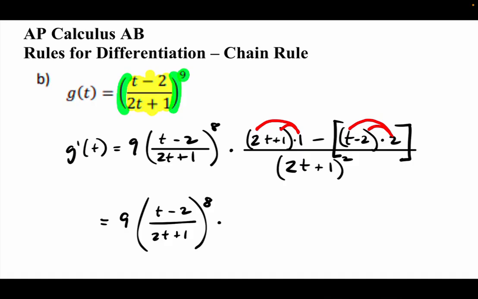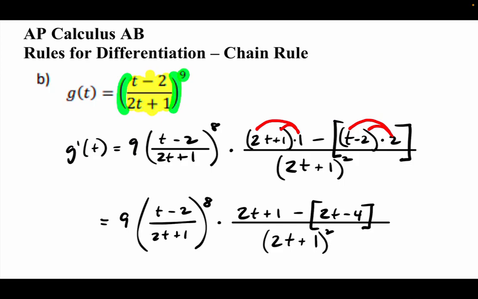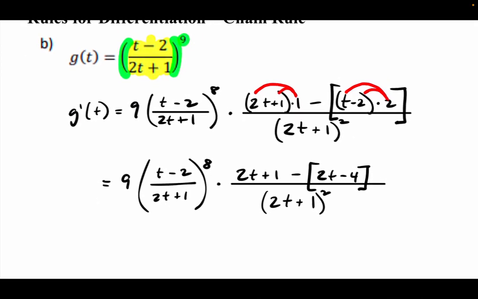Times, okay. So I get 2t plus 1 minus 2t minus 4. Now I'm going to distribute the negative to both, or just subtract them. That's another way of doing it.